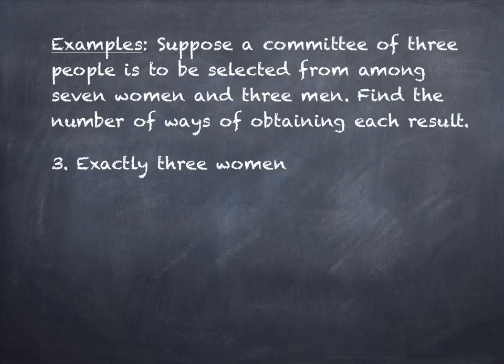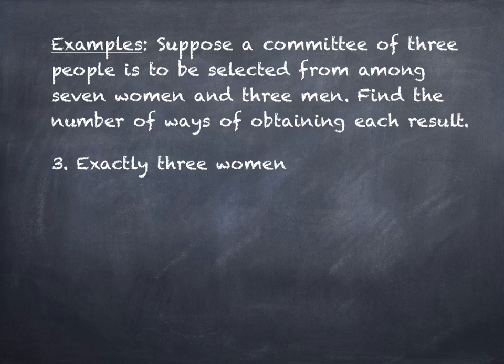All right, let's take a look at some other problems. Suppose a committee of 3 people is to be selected from among 7 women and 3 men. Find the number of ways of obtaining each result. All right, so this says we have exactly 3 women.